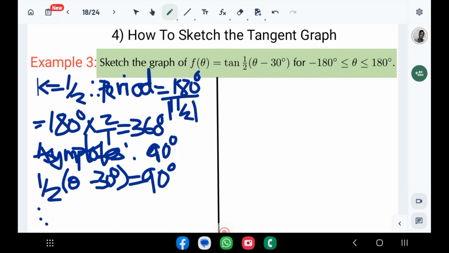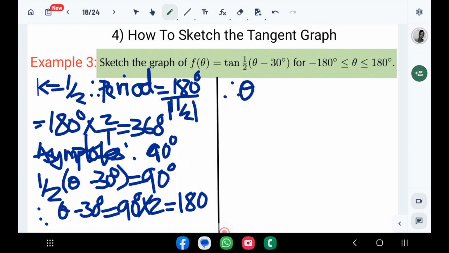Multiply throughout by 2, you're left with theta minus 30 degrees equals 90 times 2, which is equal to 180 degrees. Therefore, theta equals 180 degrees plus 30 degrees, which gives us 210. Take out a calculator and add these two. Don't try and figure it out on your own to avoid silly mistakes, especially in a test or exam.